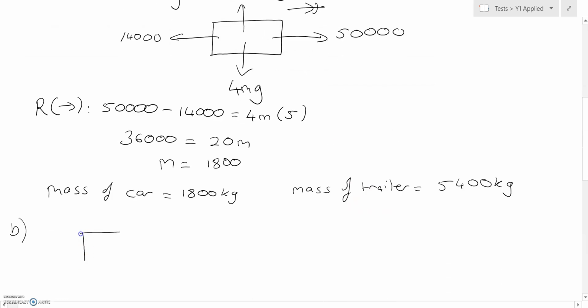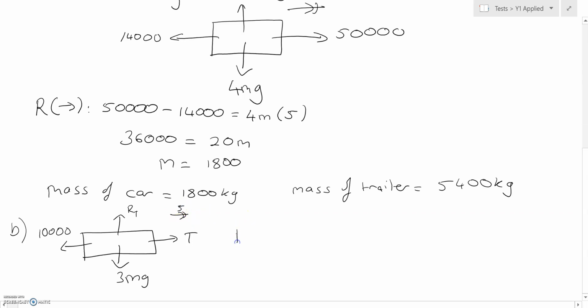It's got fewer forces acting on it, so it's usually better to look at that one. So 3mg, which we know is 5400g, and a resistive force of 10,000, forward tension, and the reaction on the trailer. And this is accelerating at 5 meters per second squared.